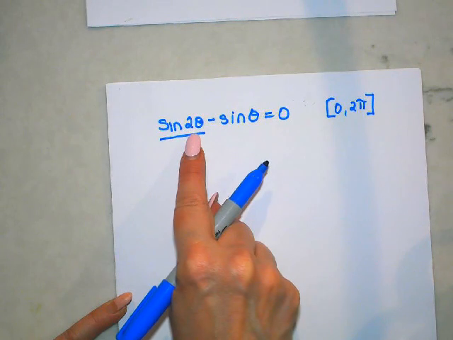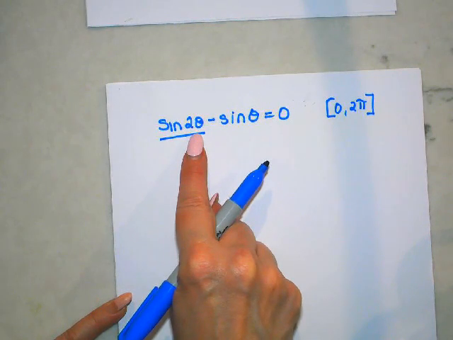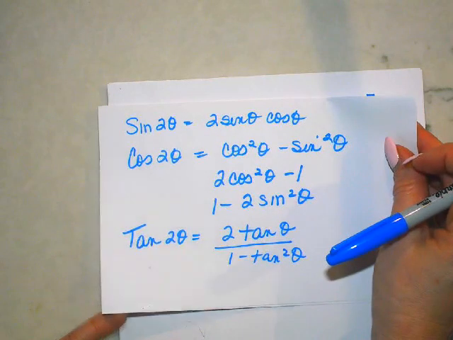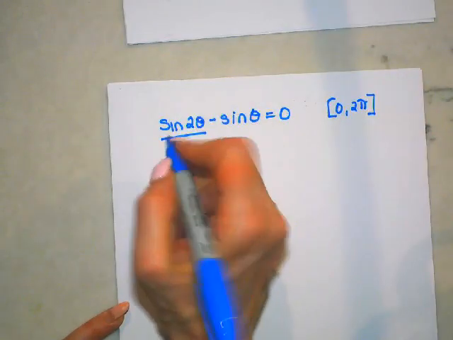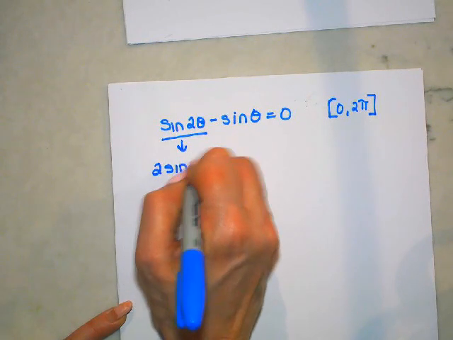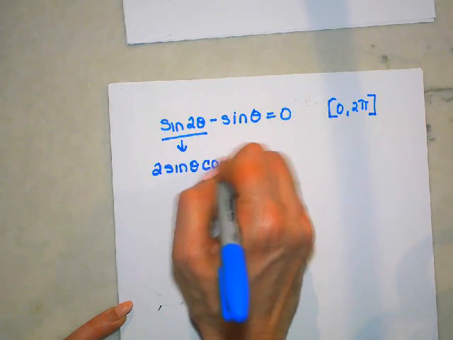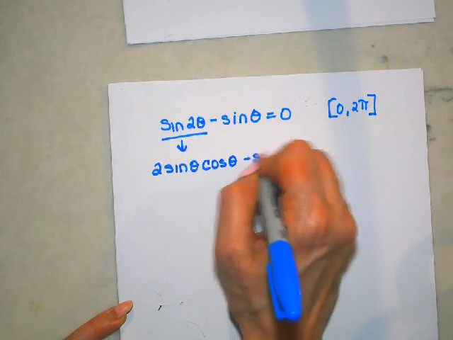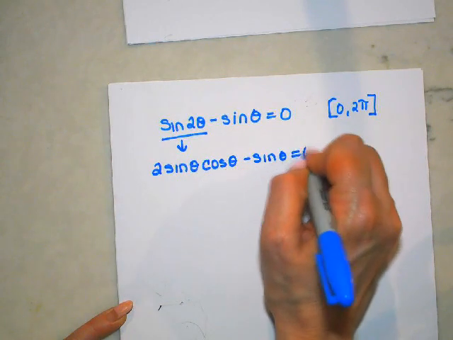The sine of double angle needs to be substituted. If I look at my double angle formulas, there's only one thing it can be, this. So first I'm going to substitute the double angle formula: 2 sine theta cosine theta minus sine theta equals 0.